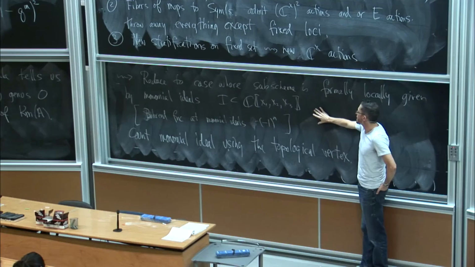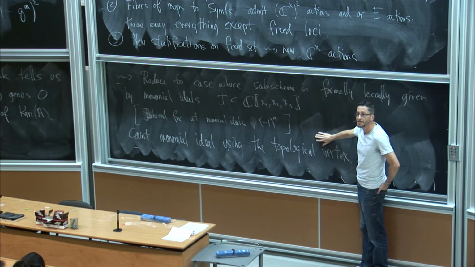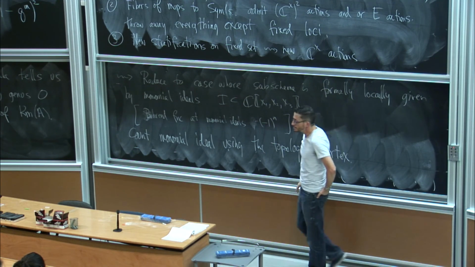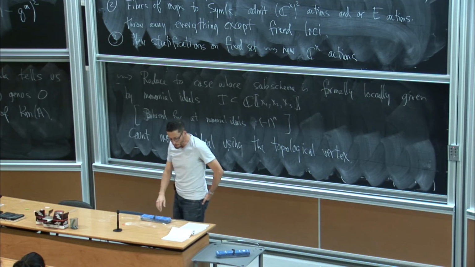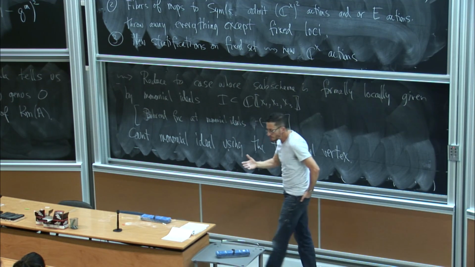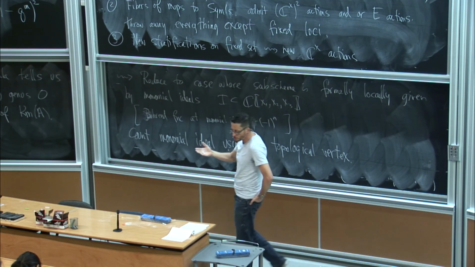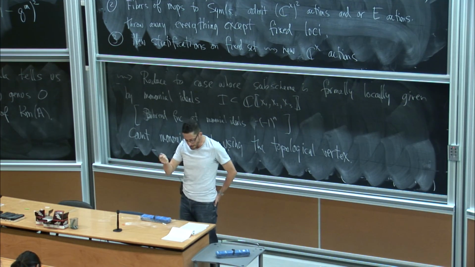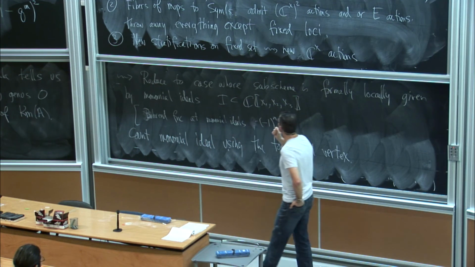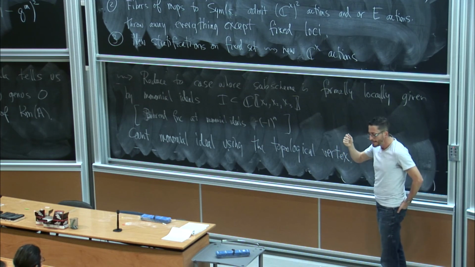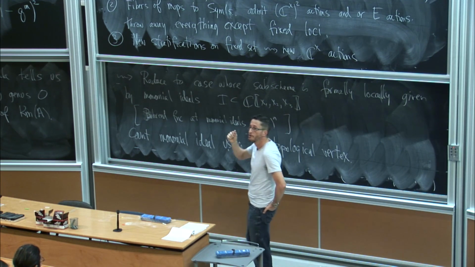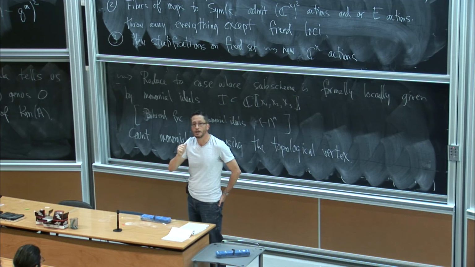And what we get is new identities for the topological vertex that actually make a connection to these Jacobi forms. The one kind of amazing thing that happens is that various quotients of the topological vertex can be reformulated as operators on Fock space, and they're exactly the same operators that show up in the Bloch-Okounkov Fock representation of GL infinity.